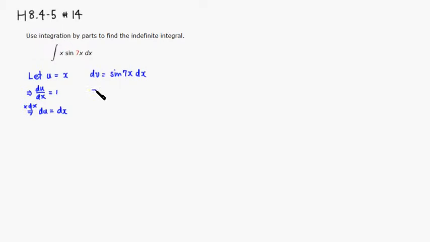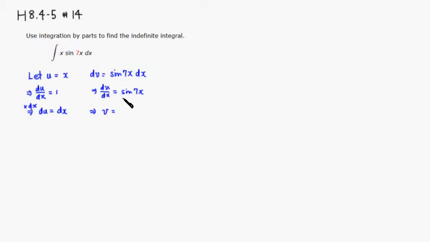Then here we're going to divide through by dx, so we get dv over dx is equal to sine of 7x. And to find v, we just have to take the antiderivative.